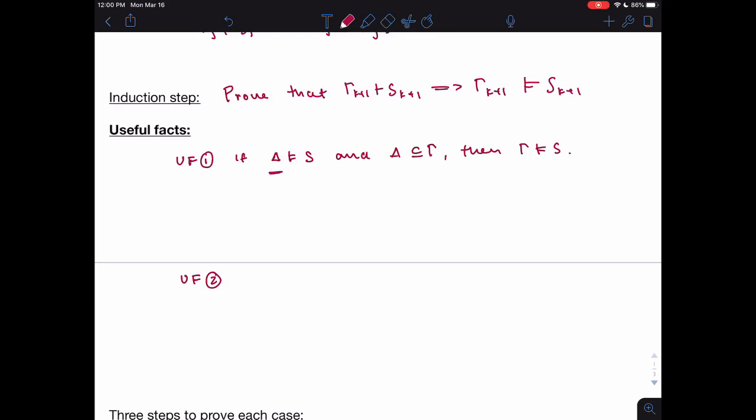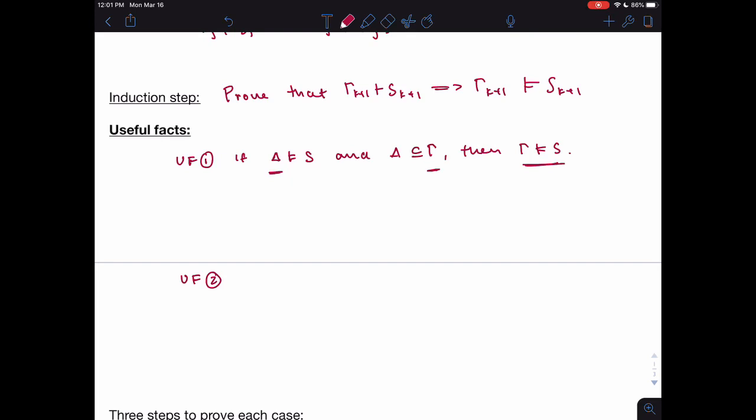Gamma is either the exact same as delta, or a bigger set that contains all the members that delta does. So because gamma contains all the members of delta, gamma also truth functionally entails S. We're going to be using this quite frequently in the proof by induction that follows.